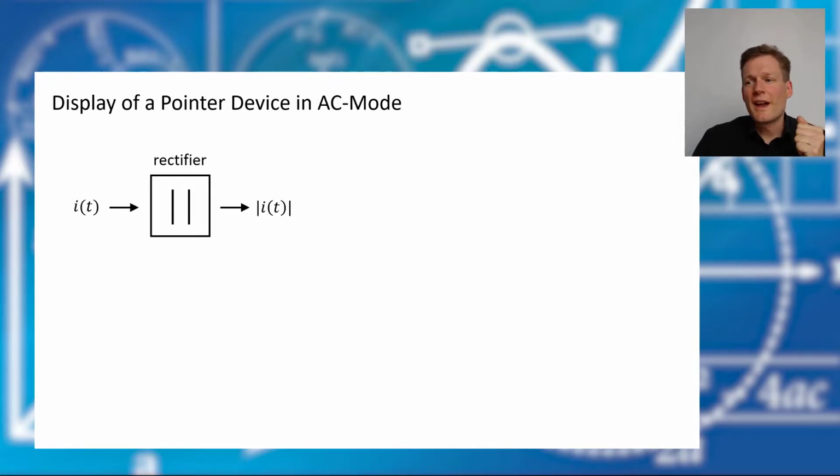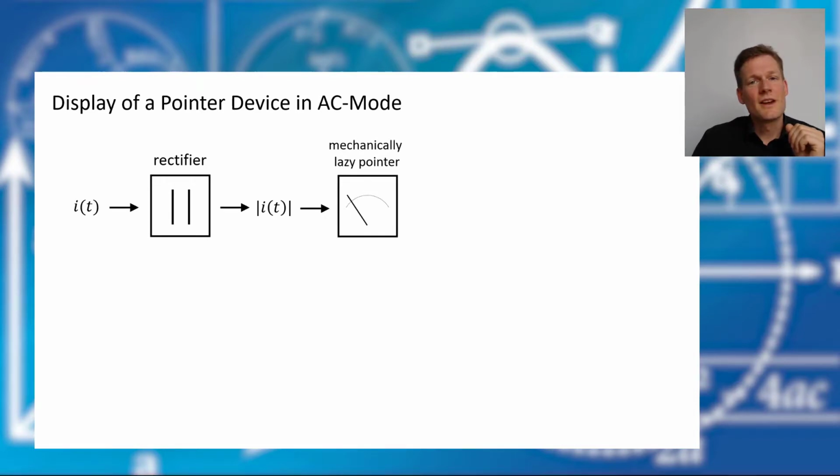And then we have our mechanical pointer, and it is slow. So that means that after the pointer, we just see the mean value of our signal, and that is what we call the rectified value.